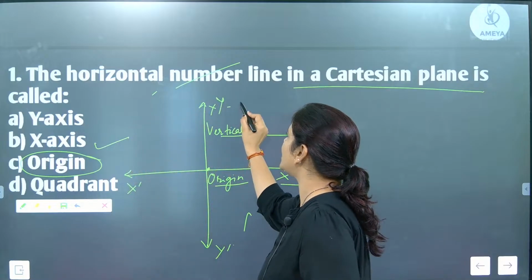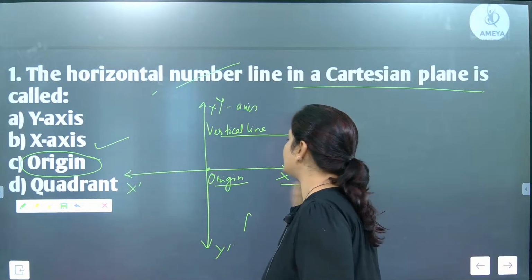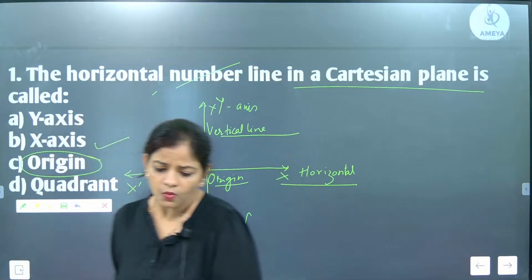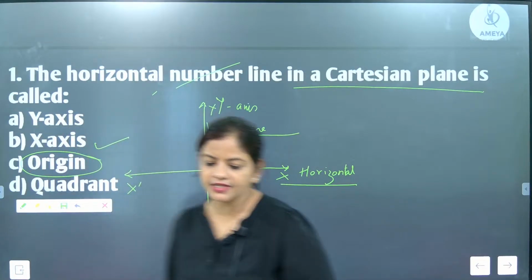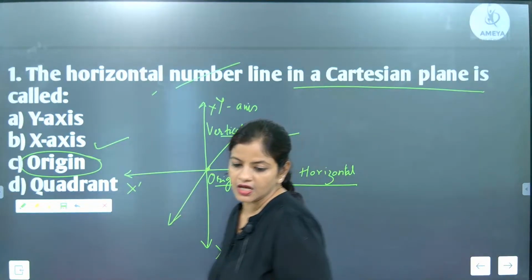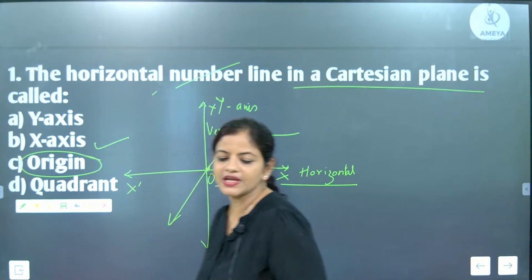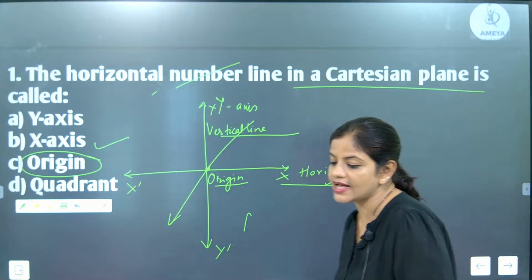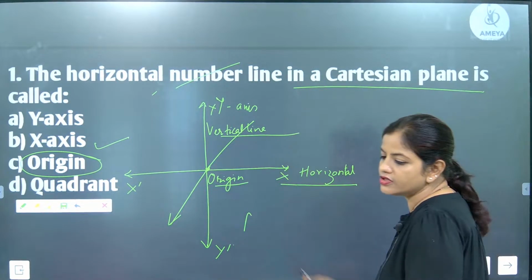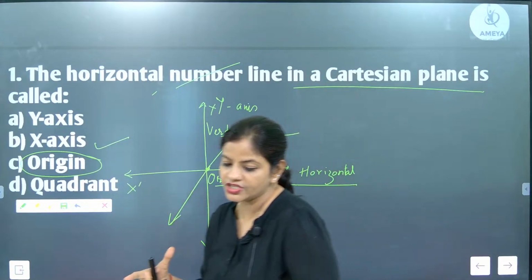This part is the y-axis, and the horizontal line is considered the x-axis. What is the z-axis? The z-axis is this one, which is the three-dimensional aspect. The x-axis, y-axis and z-axis are all perpendicular to each other.